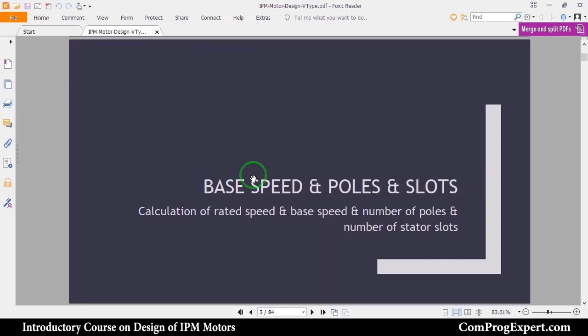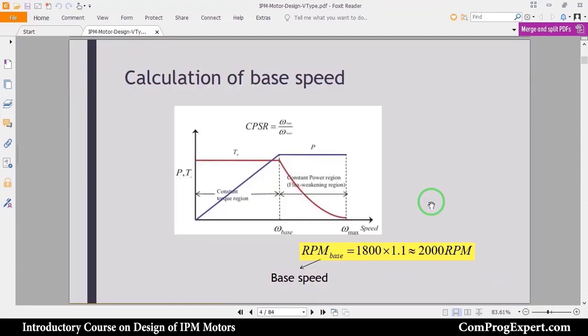Okay, let's start. As you know, we have two operating regions for a synchronous motor, a constant torque region and a constant power region. As you can see here in this figure, the constant torque region is when the terminal voltage is lower than its rated value.